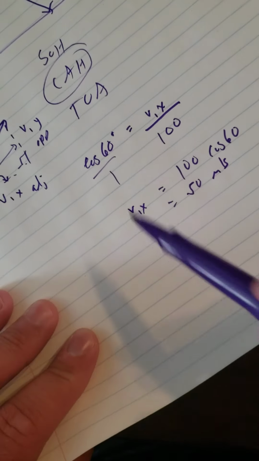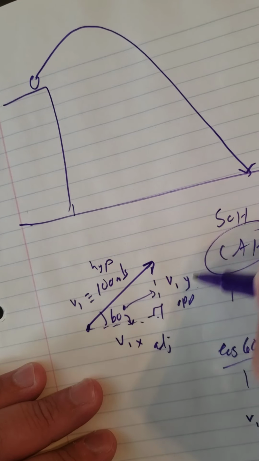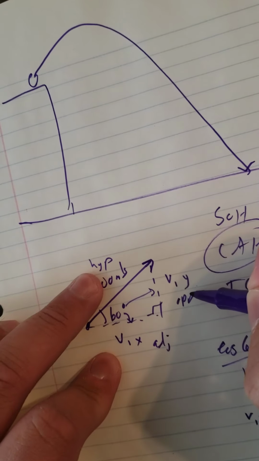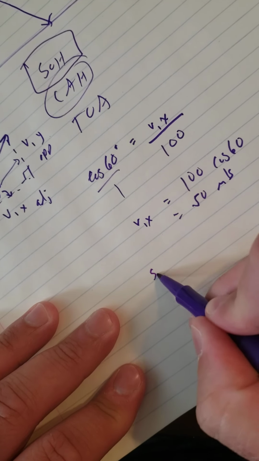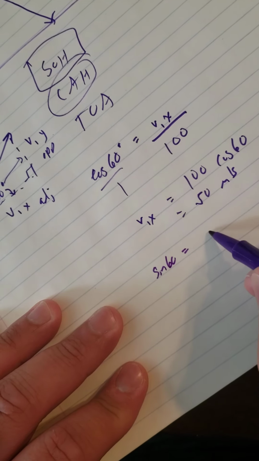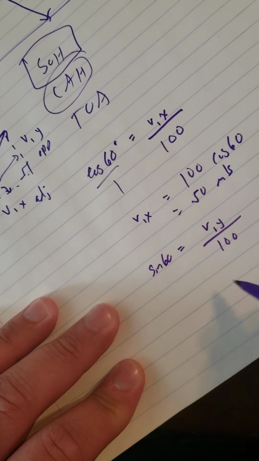Okay? Now, vertically, I would be looking at the opposite side. So opposite with hypotenuse would now be the sine ratio. So my sine of 60 degrees would be equal to my opposite, which is V1y, over my hypotenuse, which is 100.